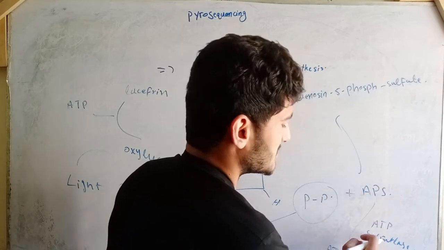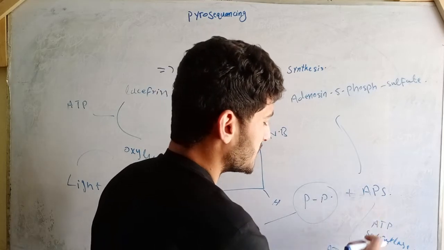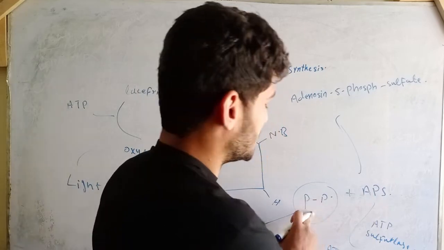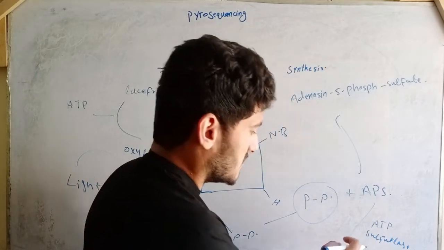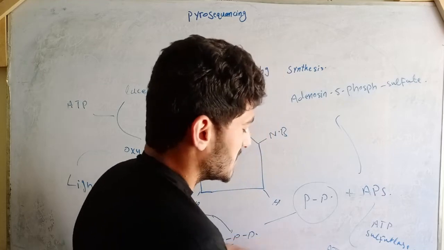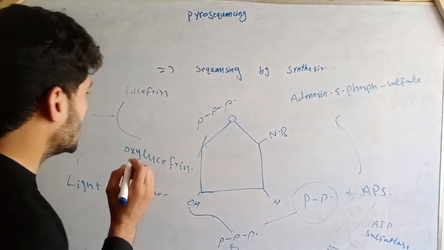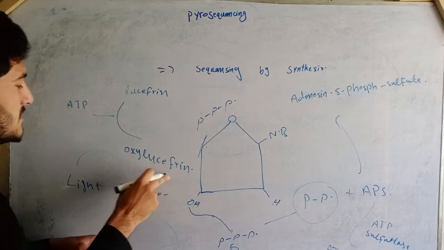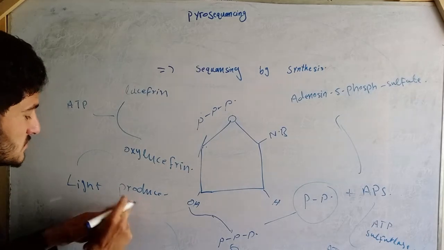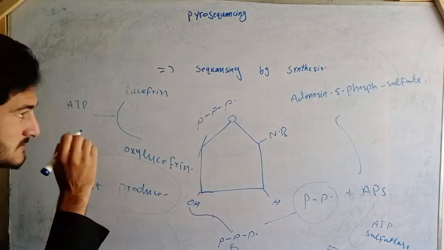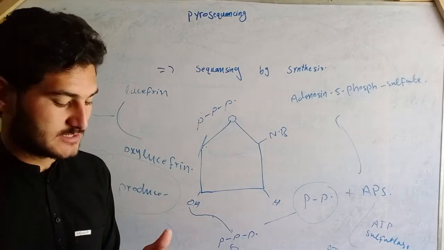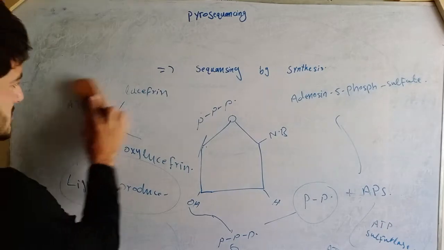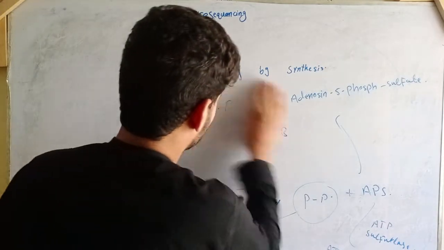Then in the presence of ATP sulfurylase, the substrate molecule and pyrophosphate molecule are converted into ATP. This ATP molecule helps to convert luciferin into oxyluciferin, and light is produced. This light is very important for pyrosequencing. Now, how can we sequence an unknown template strand of DNA molecule?